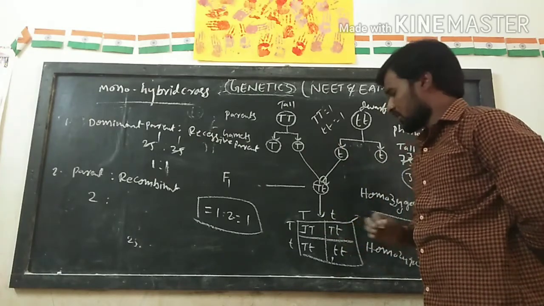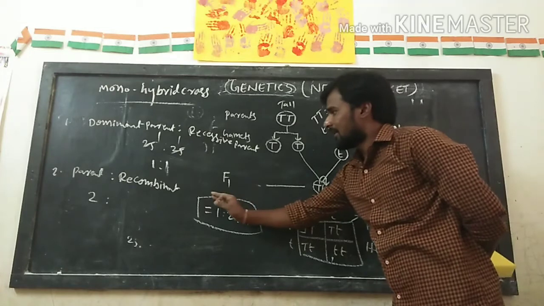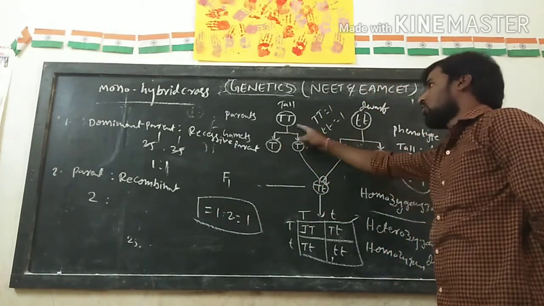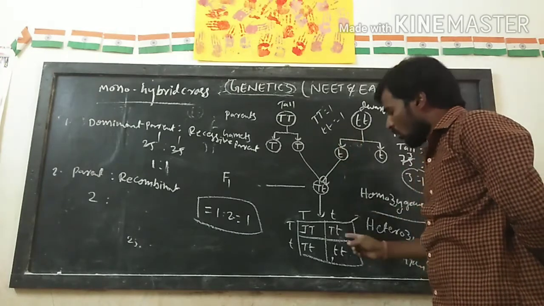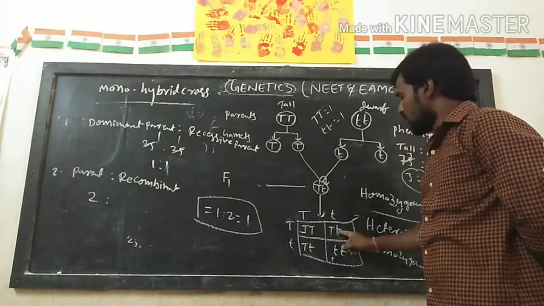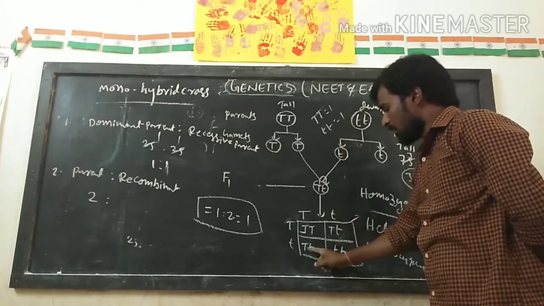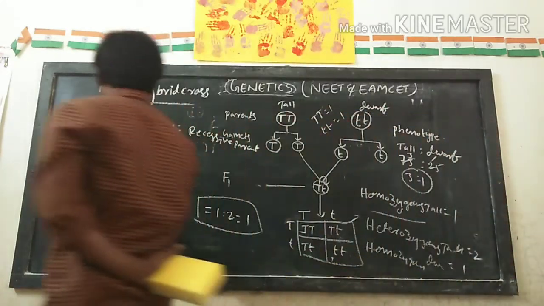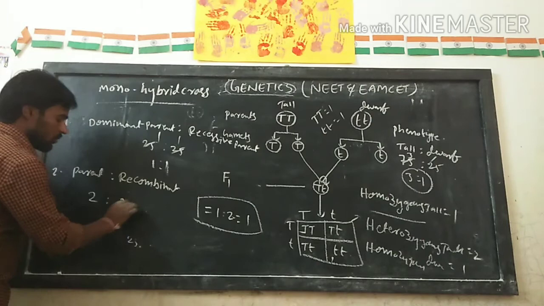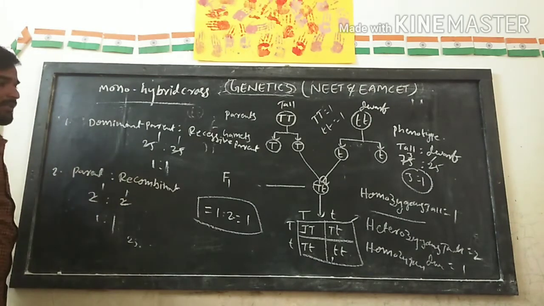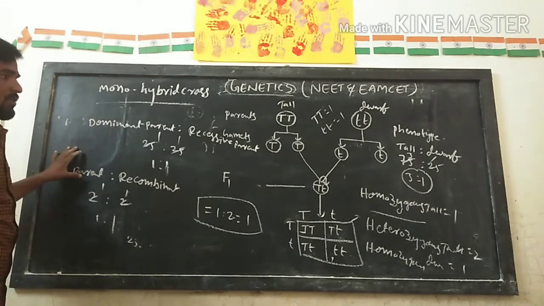How many are here with capital T, small t, which contain both parental characters? 2. So the recombinant ratio is 2. Then we say 1 is to 1, like this. So these are the ratios.